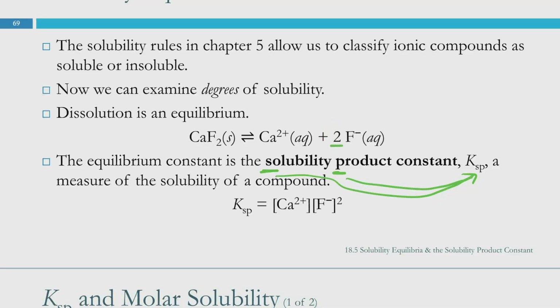And this 2, for example, comes up and becomes the exponent of 2 for F minus concentration. So it's like Kc, but the reactant is solid, so we omit it.